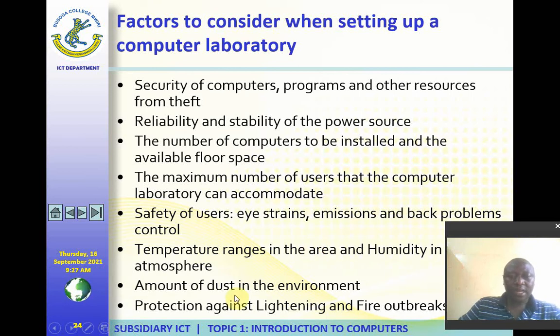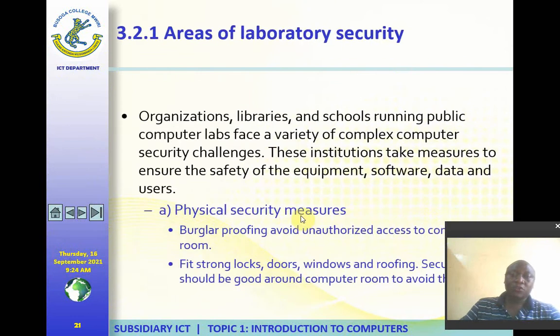Also the amount of dust in the environment. In case it's an environment that has a lot of dust, you need to prepare for it. Of course, you need to look at the protection against lightning and fire outbreaks before you set up your lab.